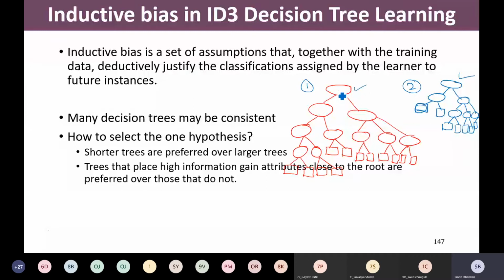It has this attribute, which may have some information gain. If the high information gain attributes are placed nearer to the root node, then such a decision tree can be selected. So these two are the inductive bias assumptions we may have for decision trees. Based on these biases, if we are having more than one solution, it is possible to pick the one which will provide us the result. So this was about the inductive bias.